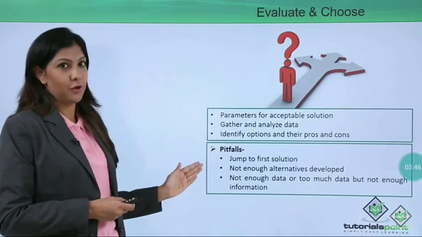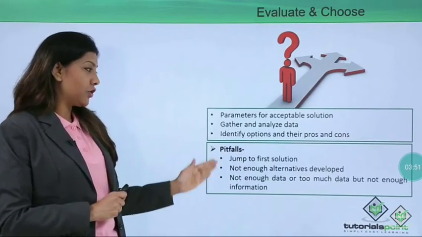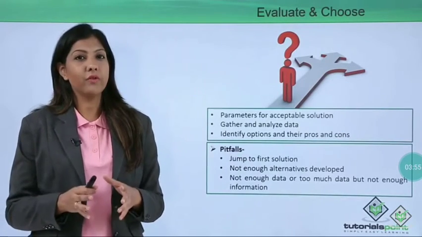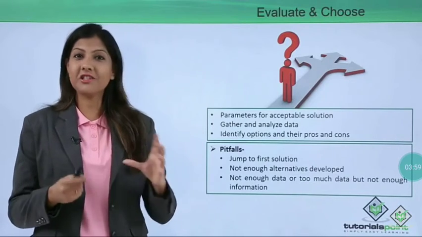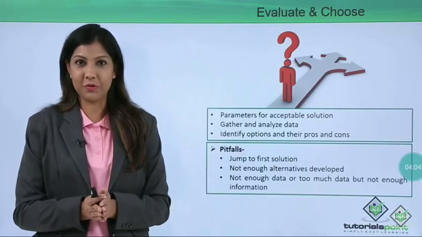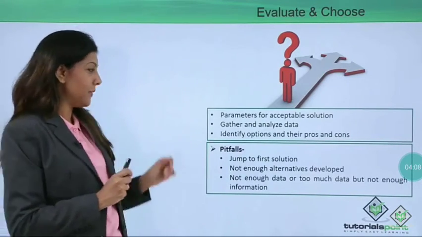There may be certain pitfalls in evaluating the solution. Jump to the first solution. A lot of times we get so bogged down whenever we are faced with a particular problem that we immediately jump to the first solution which comes to our mind, which is actually not how it is supposed to be. You should never ever jump to the first solution which comes to your mind.